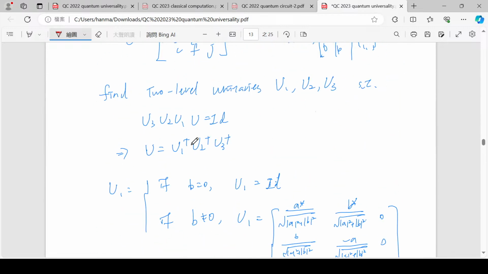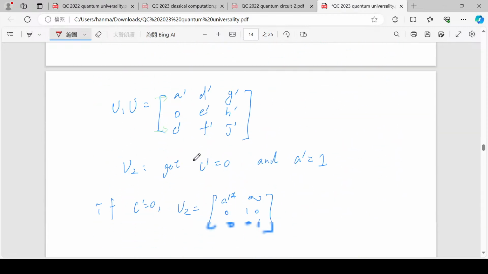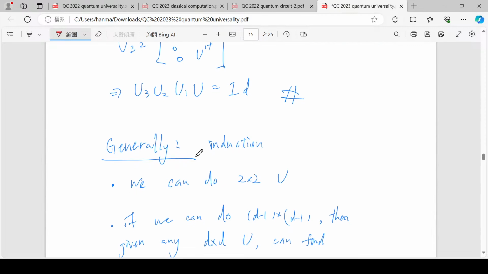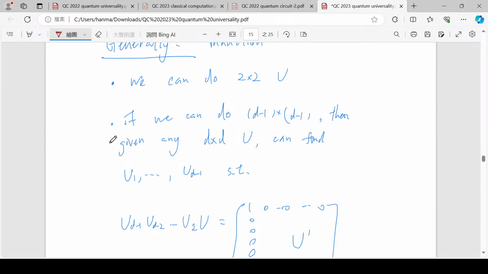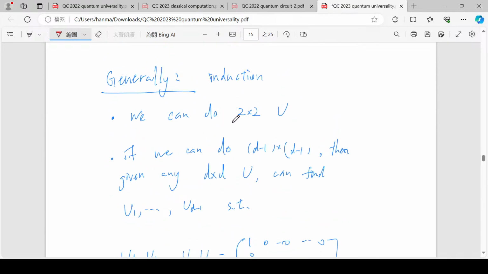So we got this on the example of 3 by 3, and you can get this recursively. In general, we can do induction. For a 2 by 2 unitary, obviously you can find the U dagger as a 2-level unitary, as its inverse.